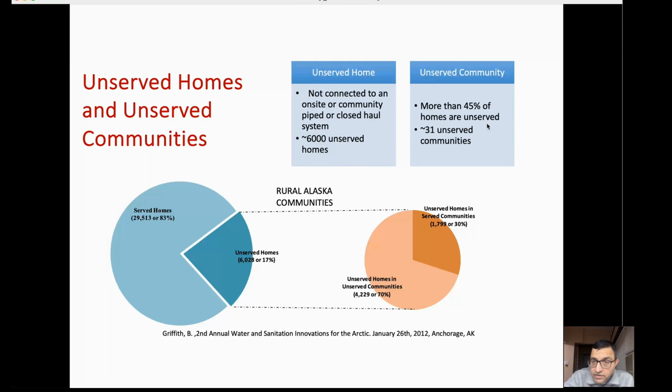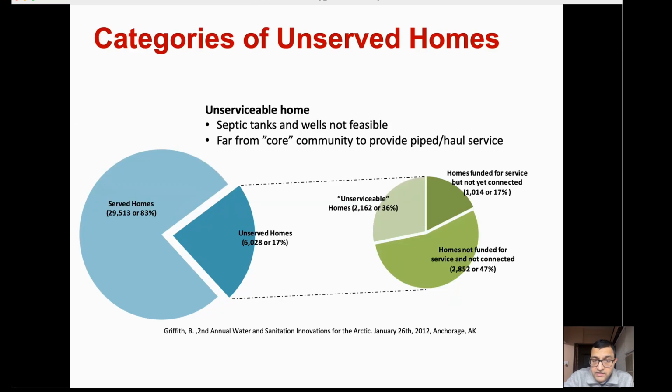There are about 30 unserved communities out of the 250. Out of these 6,000 unserved homes, 70% are in unserved communities, but 30% are in served communities.